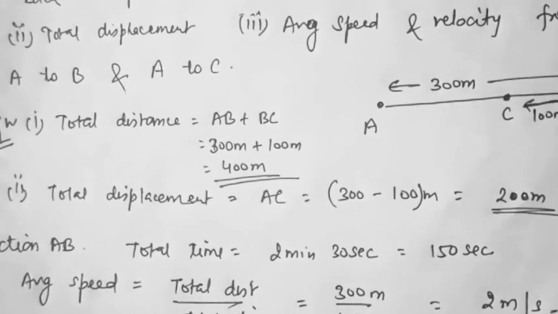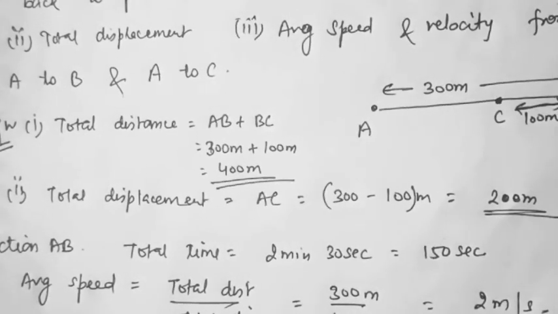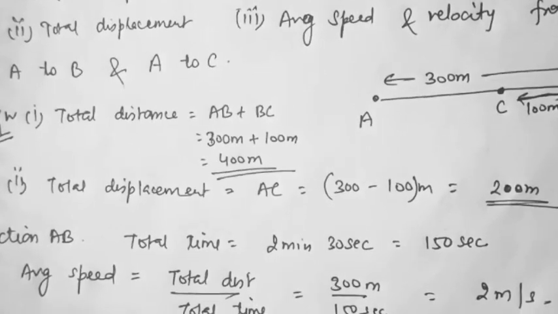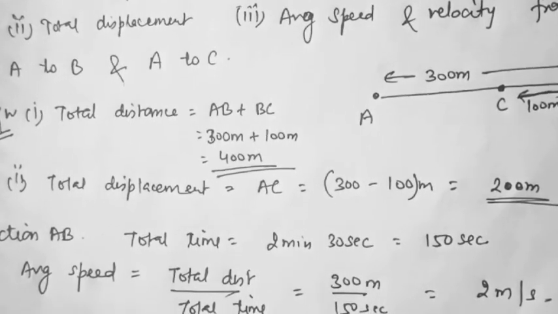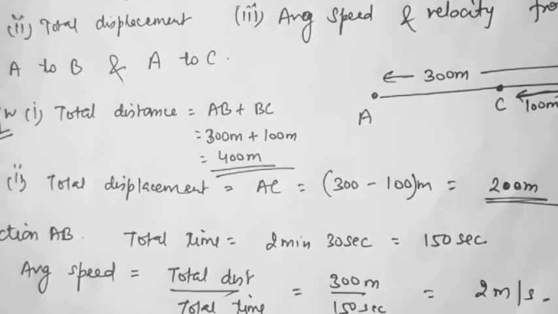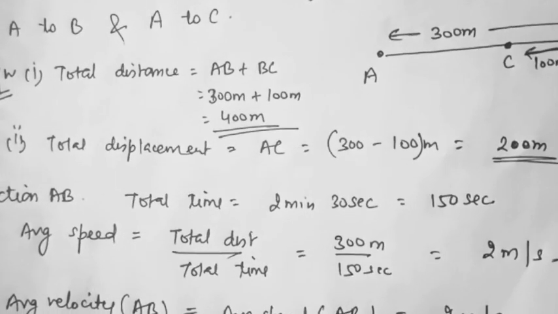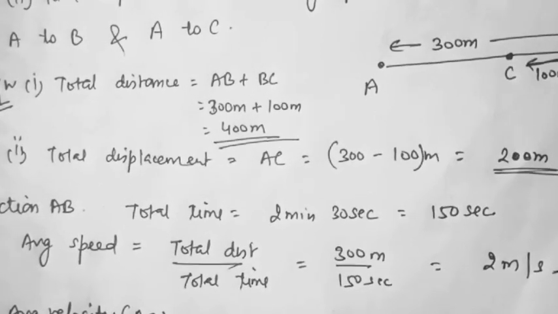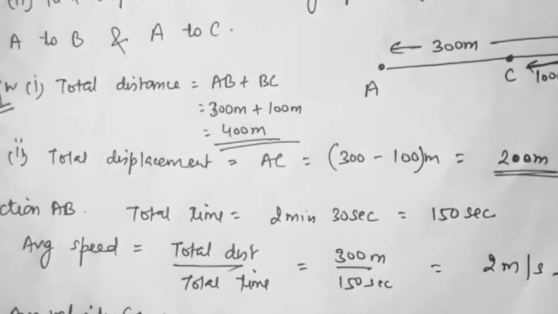Because it is straight line motion, and we have studied earlier that if we take positive direction, then the speed is the same as the velocity. So average velocity in the case of AB is the same, because the net displacement is from A to B, the displacement is also 300 meter and the time taken is 150 seconds. So average velocity AB is equal to average speed AB, that is 2 meter per second.